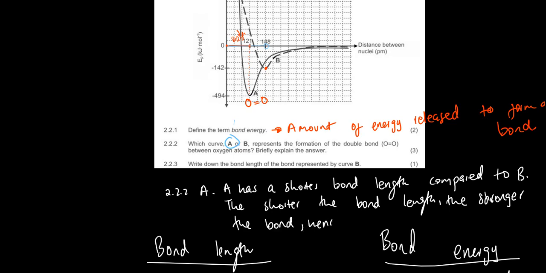Hence, curve A represents the double bond O, because that is a stronger bond. Then the other one will represent a weaker bond. So the stronger bond there is the one that releases the most energy, right?